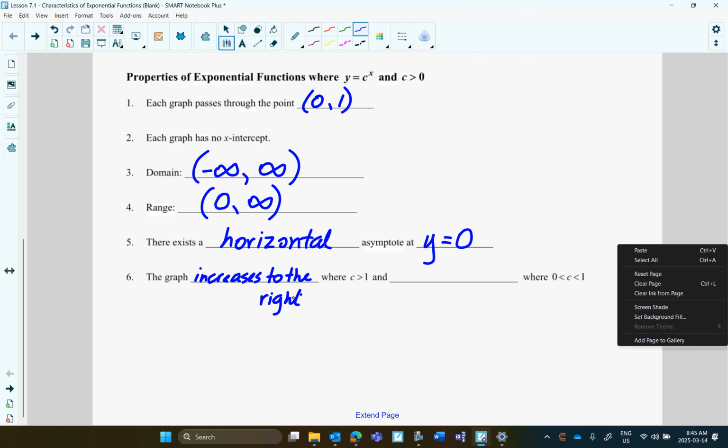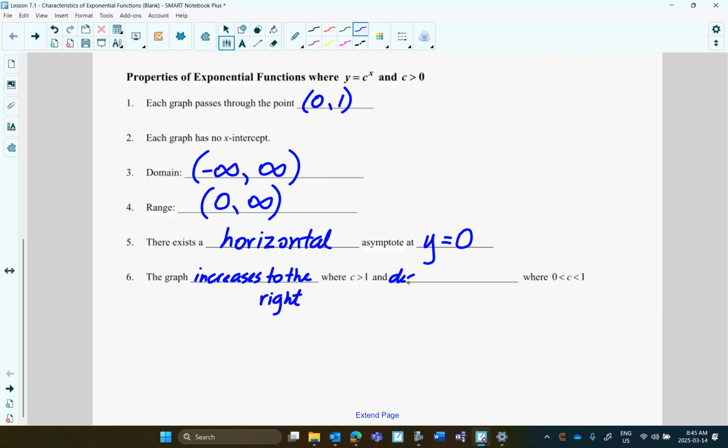But we're going to see in a second, if c is a fraction between 0 and 1, so if the base is 1/2 or 1/4 or whatever, it actually decreases to the right. Like I said, I'll show you that right away.